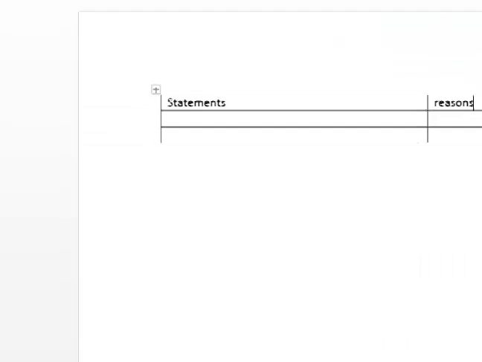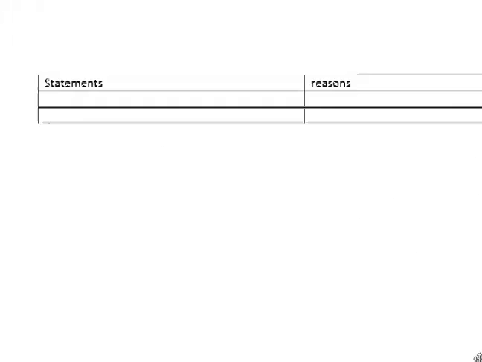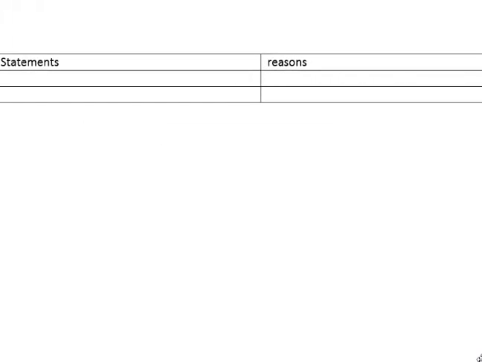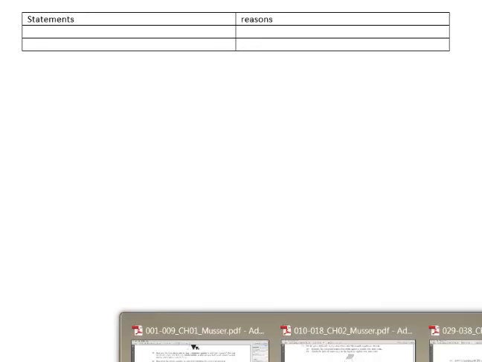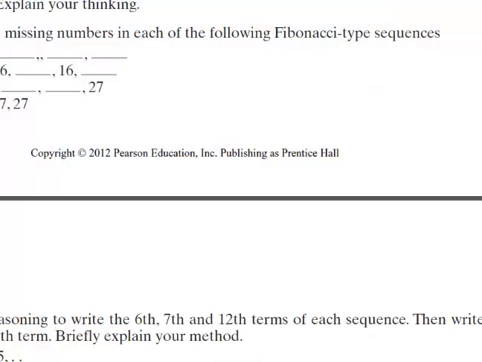Let me expand this and zoom in a little bit so you're able to see the whole thing. This is what my chart would look like. And the reasons, of course, you just put in the mathematical rules. The way a proof works is that you prove elements one at a time until you have finally proven that whatever you're trying to prove is correct.